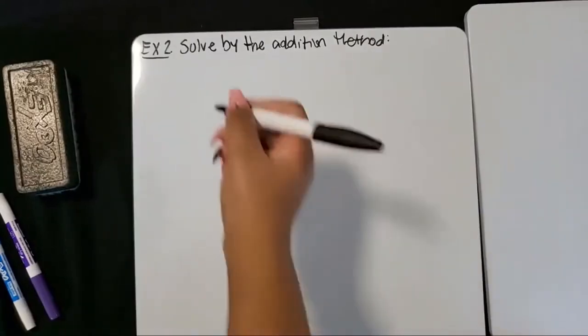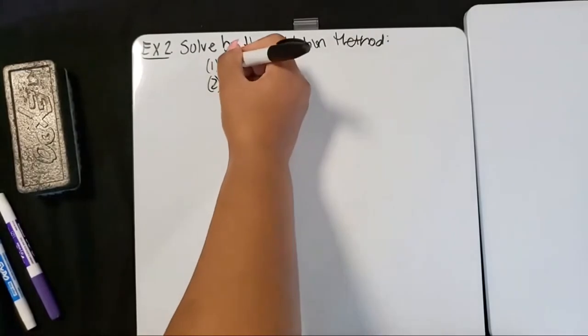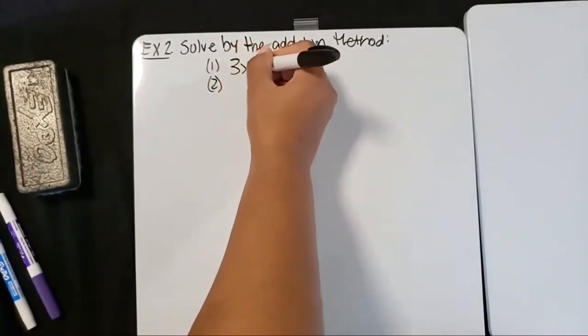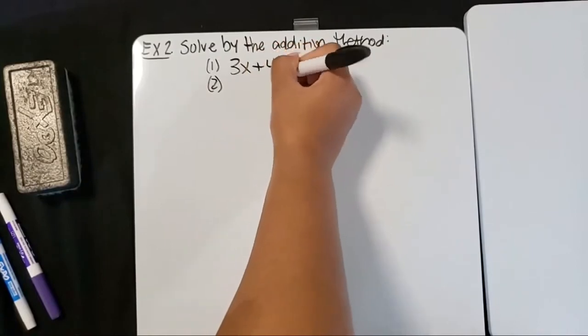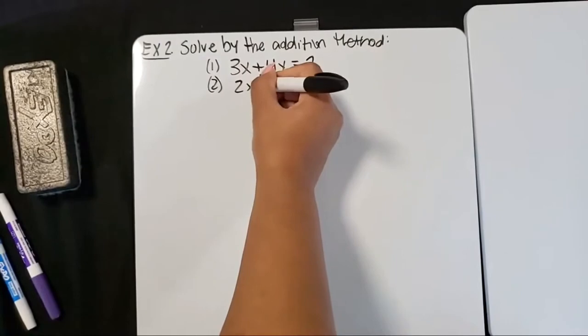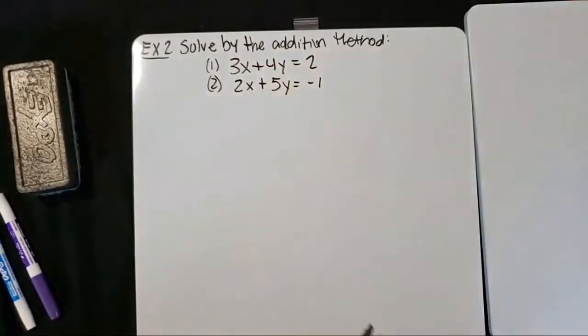Okay. For example 2, we have 3x plus 4y equals 2, and 2x plus 5y equals -1.